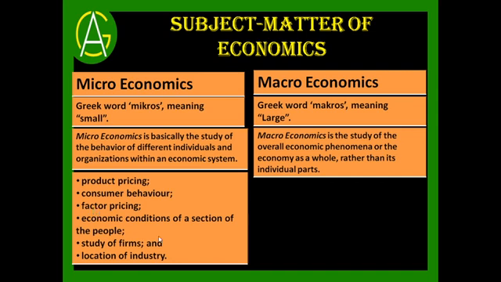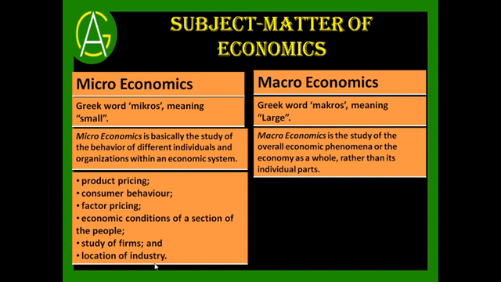Economic condition of section of people, when we are studying the economic condition of particular class of people, that is also a small part of the economy, and as a result it will fall under microeconomics. Then study of firm, when we study the production of a firm or the profit of a firm or revenue of a firm, that is also under the small aspects, and as a result it will be in the microeconomics.